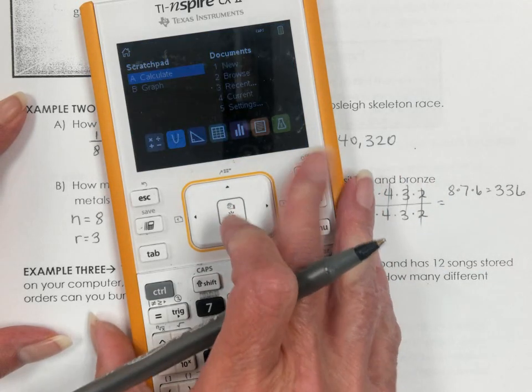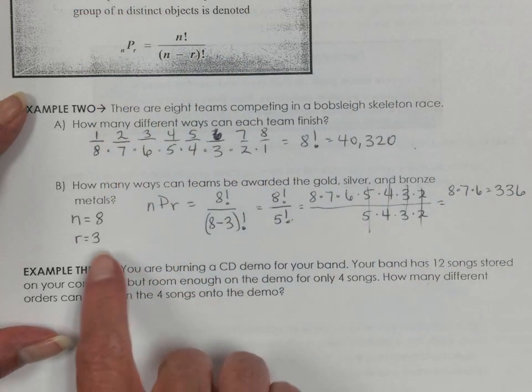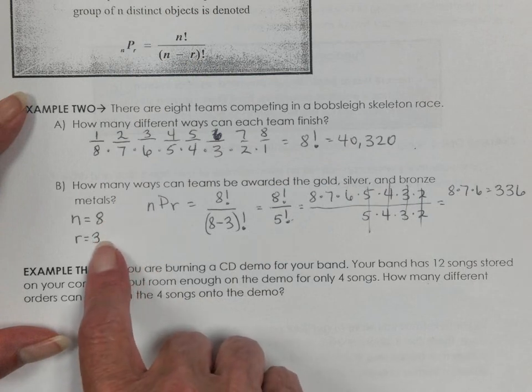So there are 336 different ways that these 8 teams might win these 3 medals.